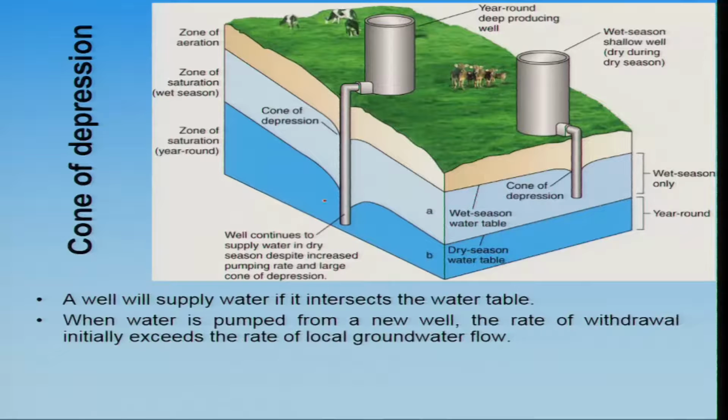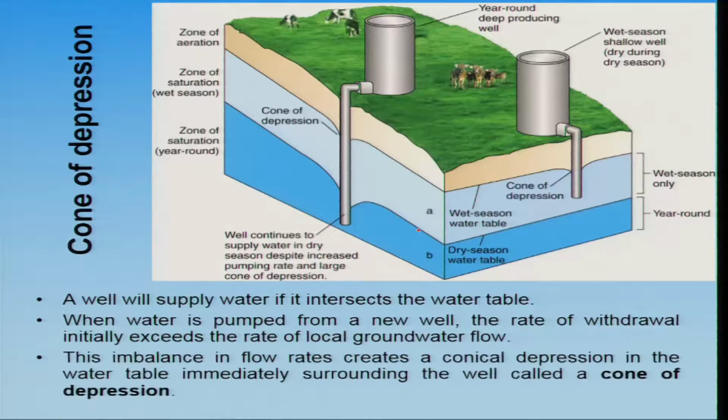Because there is a gradient here, that will result in an imbalance in the flow rates and creates a conical depression in the water table immediately surrounding the well through which you are pumping out the water, and that is termed as cone of depression.